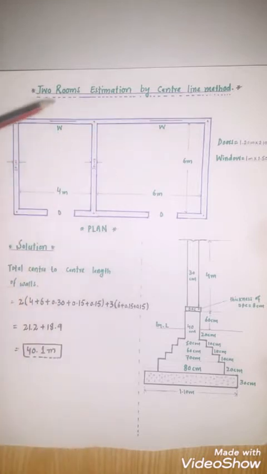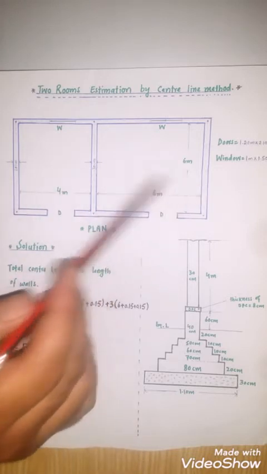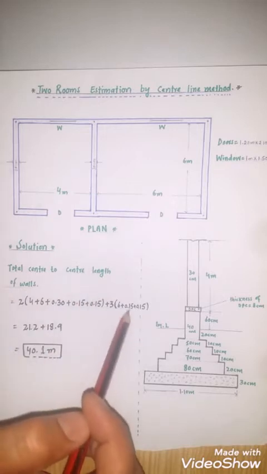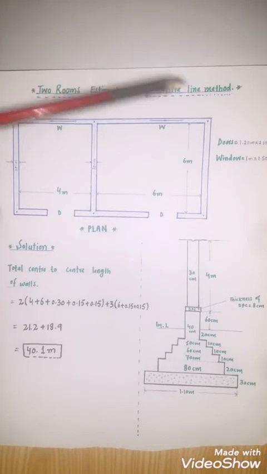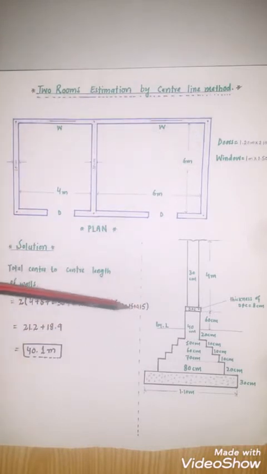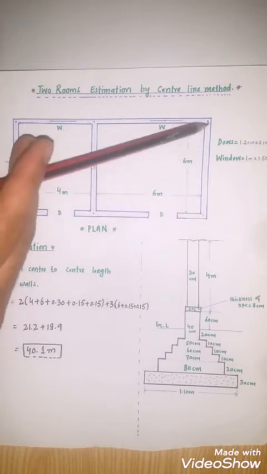This is the length of the two long walls, plus 3 for the three short walls, each 6 plus 0.15, half the thickness of the wall from this side and half the thickness from this side.